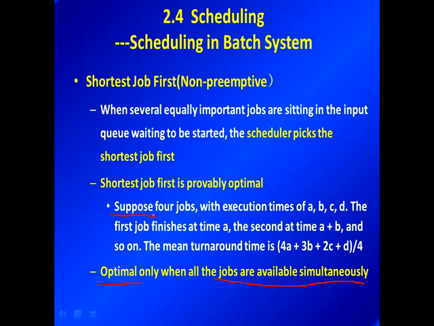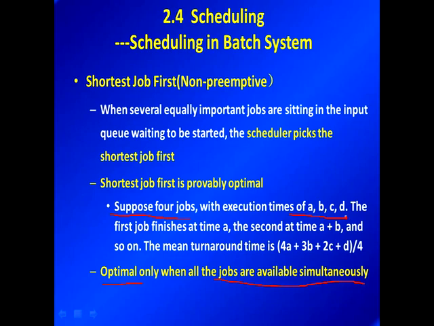So suppose there are 4 jobs with different execution times, A, B, C, and D. Suppose they get into the CPU in this order.